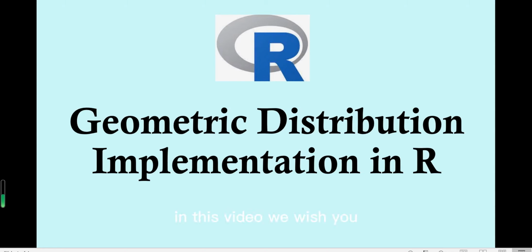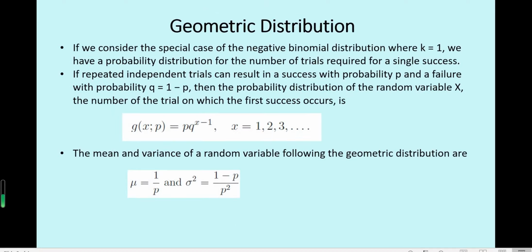In this video, we will show how to use geometric distribution in R. So first we will talk a little about what the geometric distribution is. The geometric distribution is a special case of the so-called negative binomial distribution.